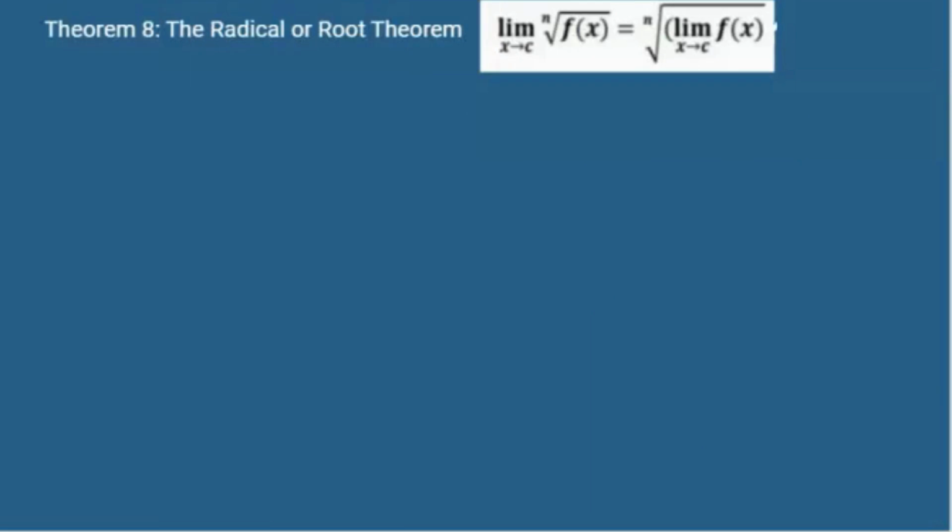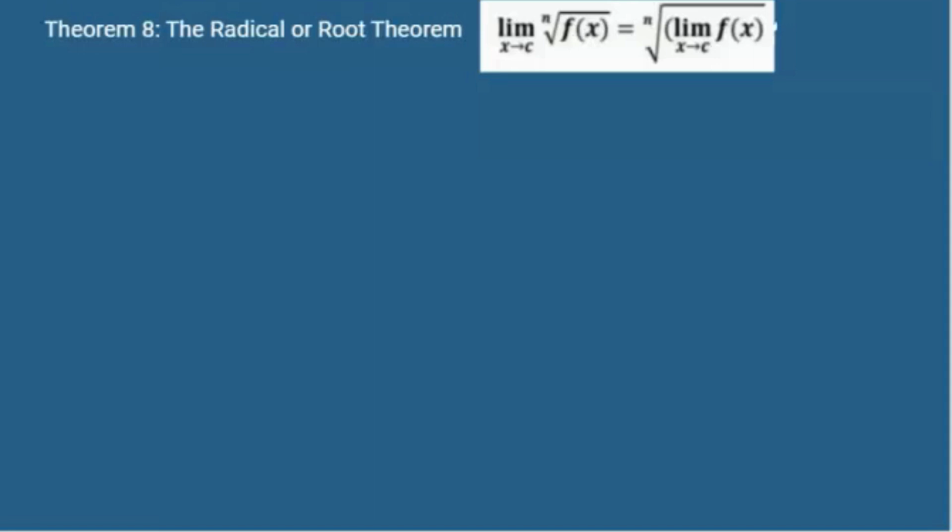For theorem number 8, it's called the radical or root theorem. It states that the limit of the nth root of a function as x approaches c is equal to the nth root of the limit of the function, provided that the nth root of the limit is a real number.